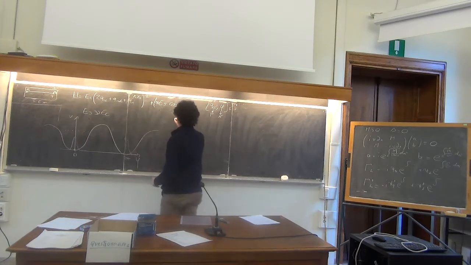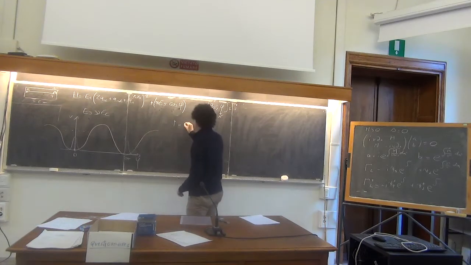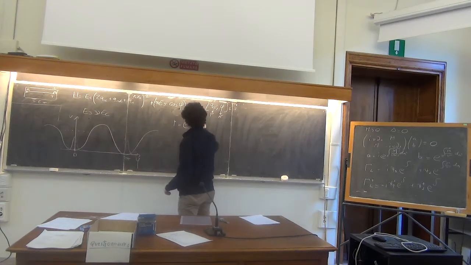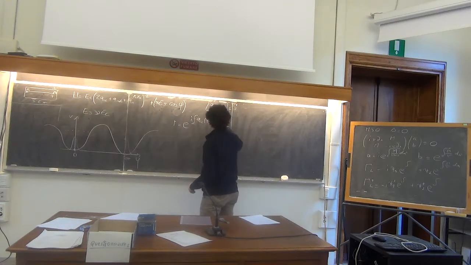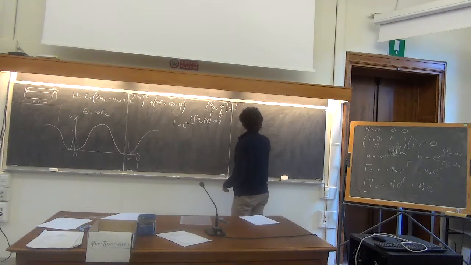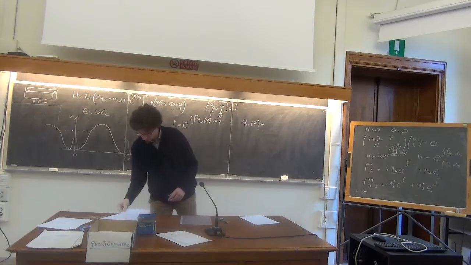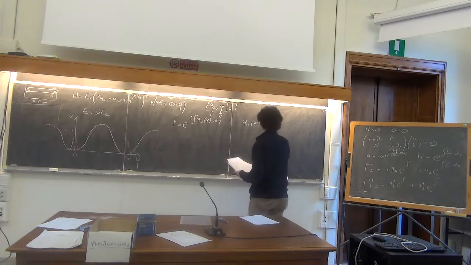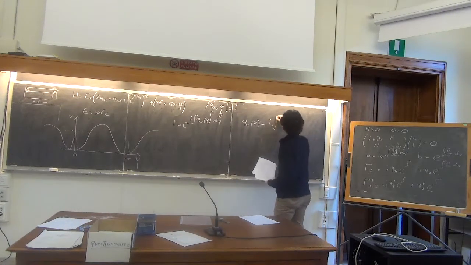So this tunneling may be understood semi-classically like something that goes like that. This is the function of phi, where I am telling you that the action S as a function of phi will be imaginary, and it will be essentially i square root of EJ over 4EC times 1 minus cosine of phi.